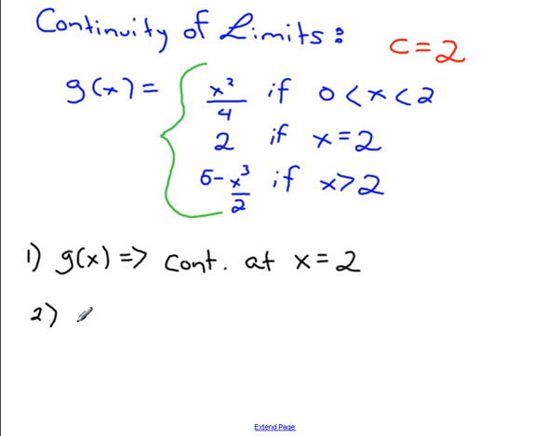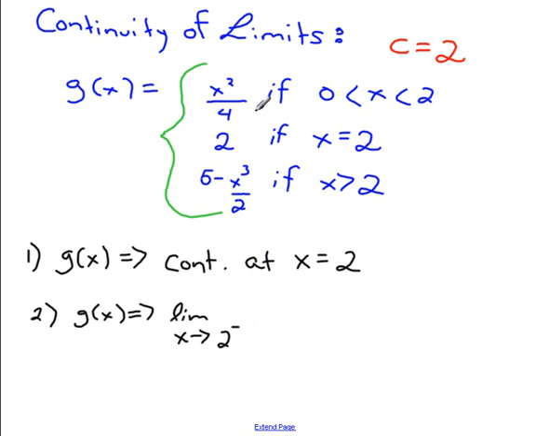So I'm going to evaluate this g of x from the left. What I'm going to say is the limit as x approaches 2 from the left-hand side. It's not negative 2, remember, it's from the left-hand side of what?